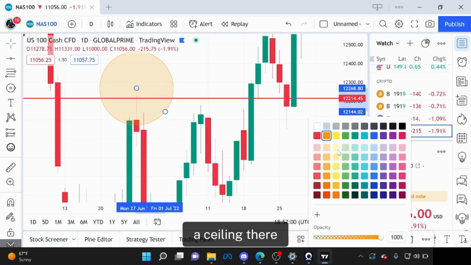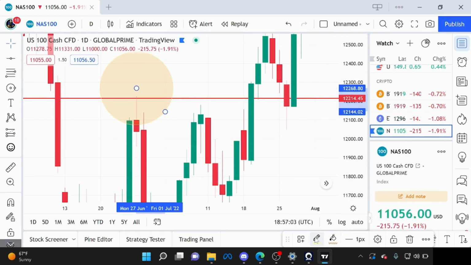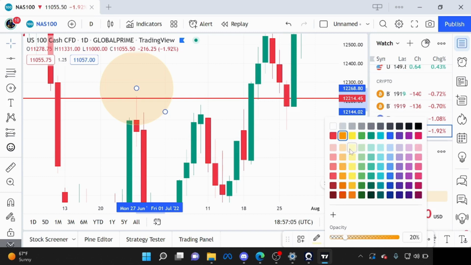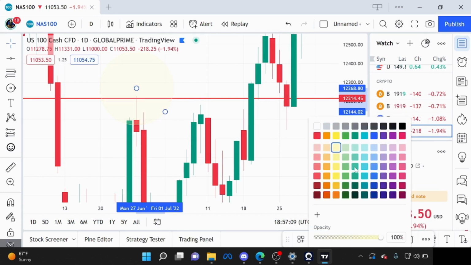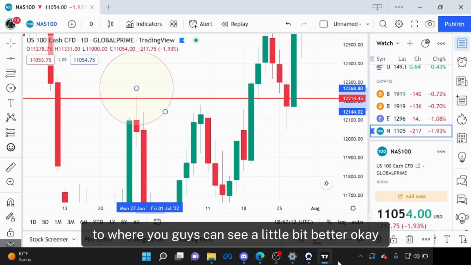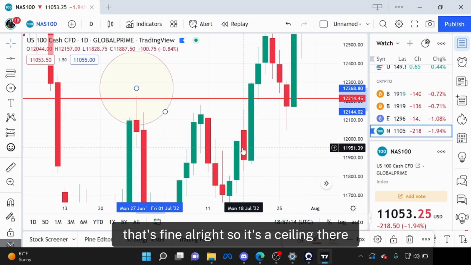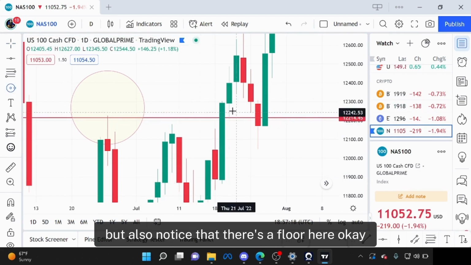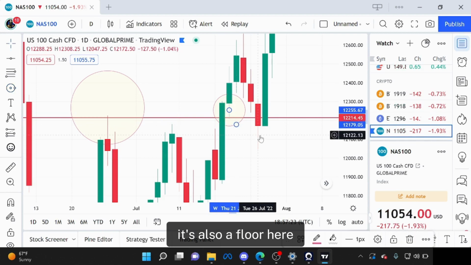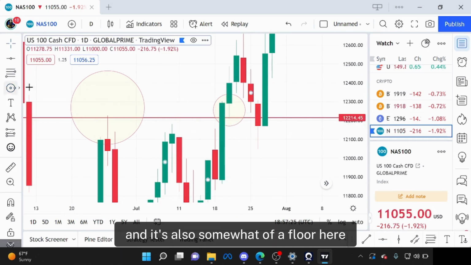A ceiling there. Work with me over here. Okay, I was trying to make that a little bit better so you guys can see. All right, it's a ceiling there, but also notice that there's a floor here, okay? It's also a floor here, and it's also somewhat of a floor here.